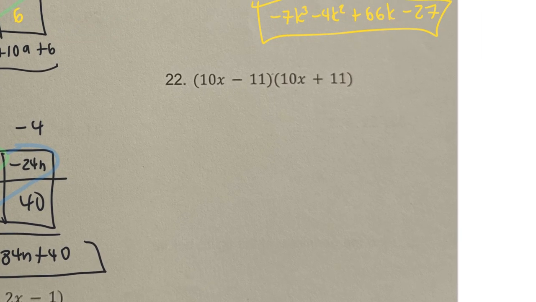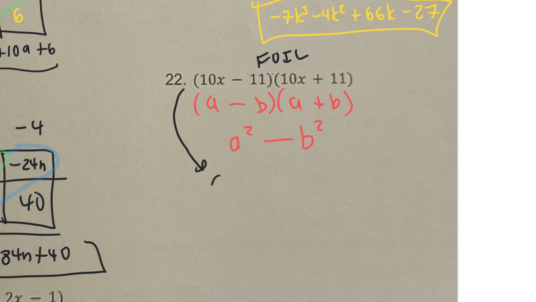Okay, FOIL again out of nowhere. However, the teacher is also expecting you to realize that even though you could FOIL this, this is still of the form a minus b times a plus b. Now, hopefully my student watching recognizes that that's going to be a squared minus b squared. So in other words, this is going to be something squared minus something squared if we want to make it easy on ourselves.